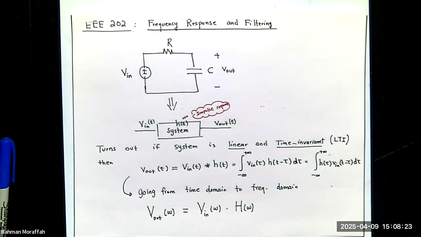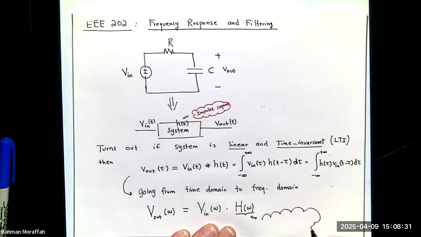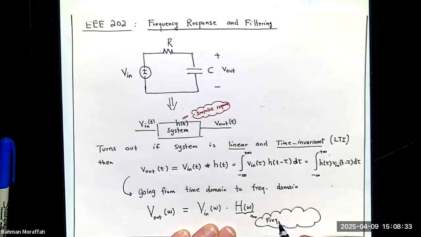We call this h frequency response. This h is called frequency response. Again, in 203, you're going to learn this frequency response as nothing but the Fourier transform of this impulse response.